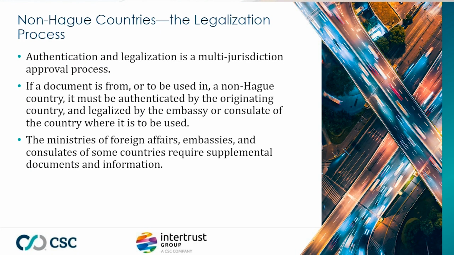If a document is from or will be used in a non-Hague country, it has to be authenticated by the originating country and legalized by the embassy or consulate of the country where it is to be used. In some instances, the ministries of foreign affairs, the embassies, and the consulates will also require supplemental documents and information. So Max, why don't you tell us a little bit more about this?